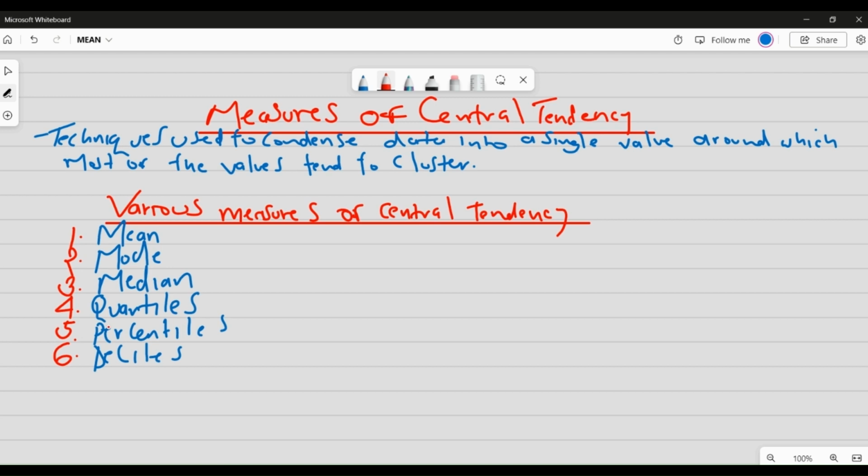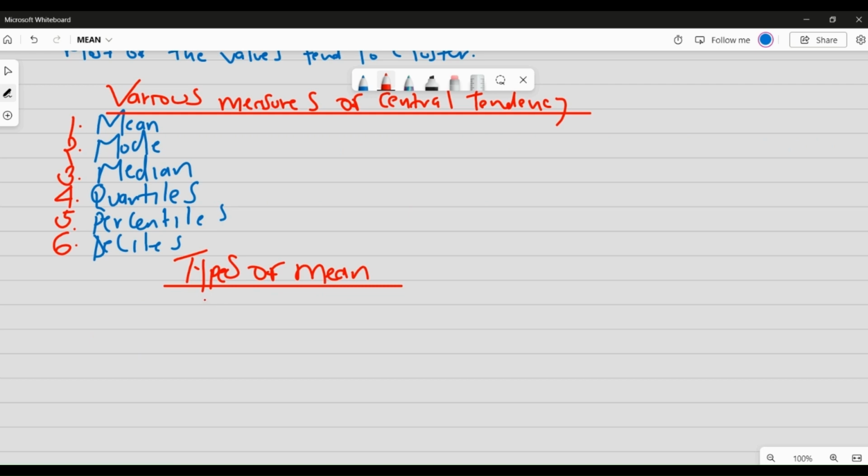It's also good to note that when it comes to mean, there are various types of mean. I'll be mentioning just a few. The first one, the most common one, is the arithmetic mean.